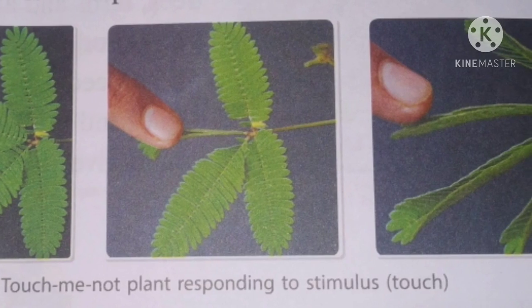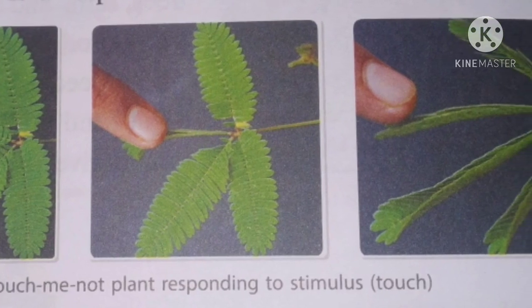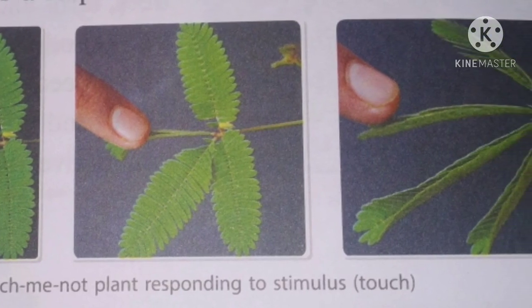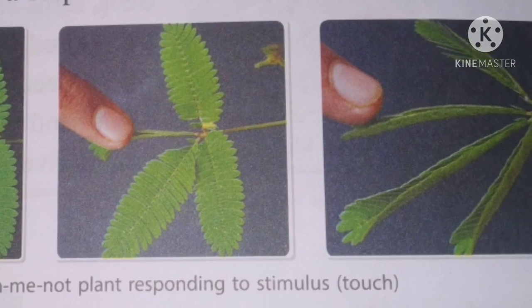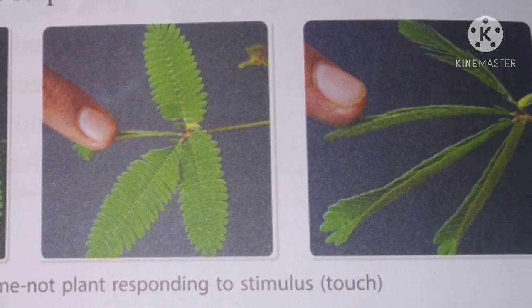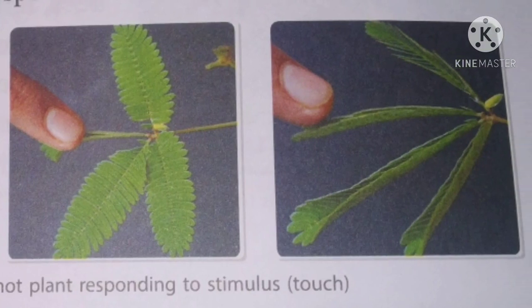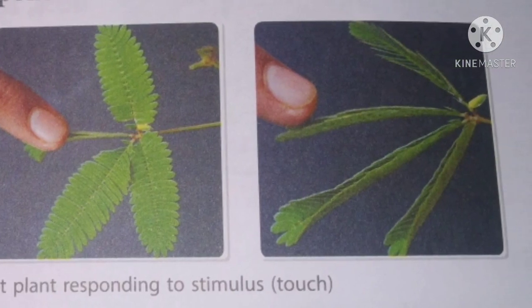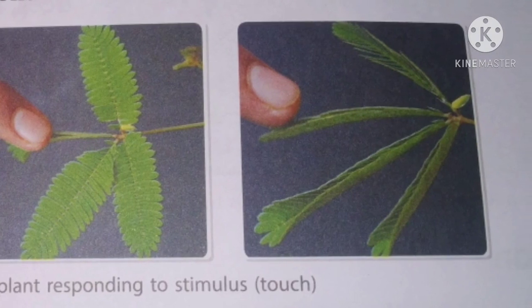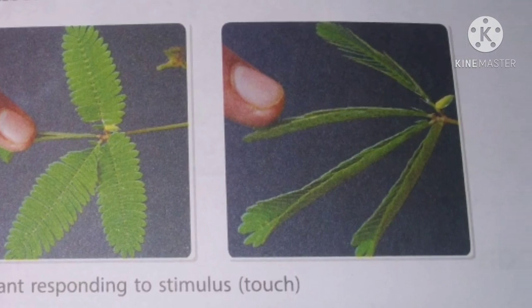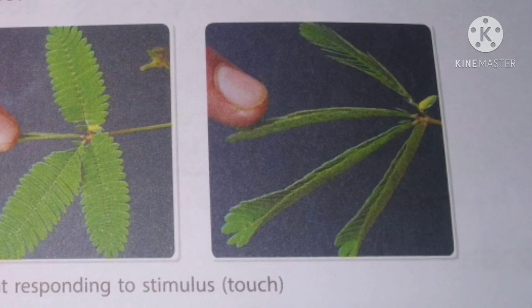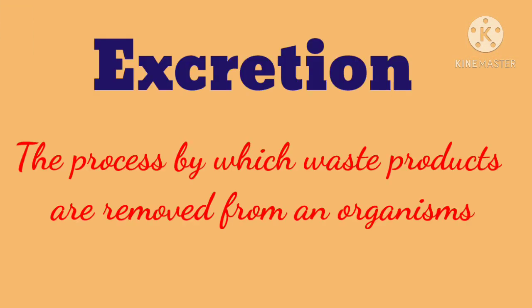The smell of sugar in this case is a stimulus, whereas the movement of the ants towards sugar is a response. Do you know the touch-me-not plant? Yes, when you touch it, it is stimulated to close its leaves. That is a stimulus.